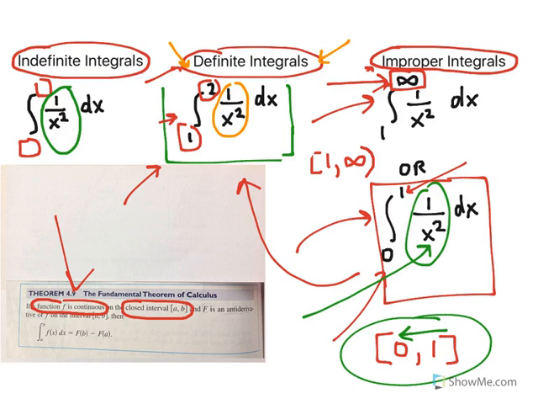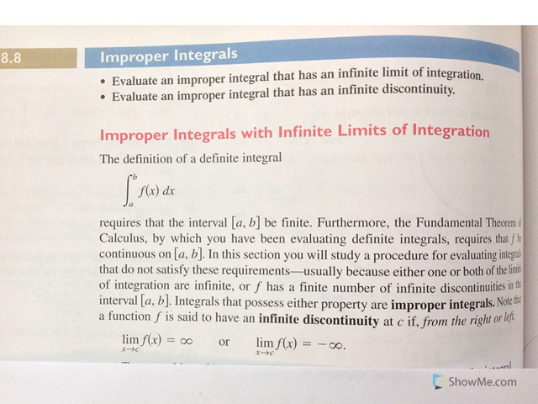So we have an infinite discontinuity, our function is not continuous on the closed interval from a to b, and therefore this is not a definite integral. It's an improper integral for that reason. So we just looked at an improper integral that has an infinite limit of integration and an improper integral that has an infinite discontinuity. Those are the two main types of improper integrals.